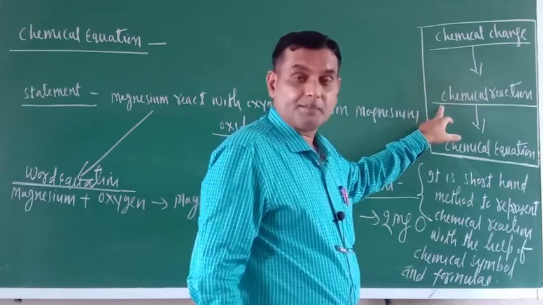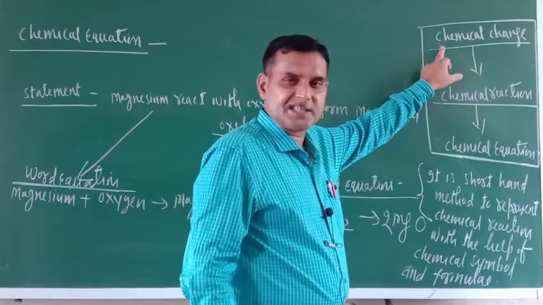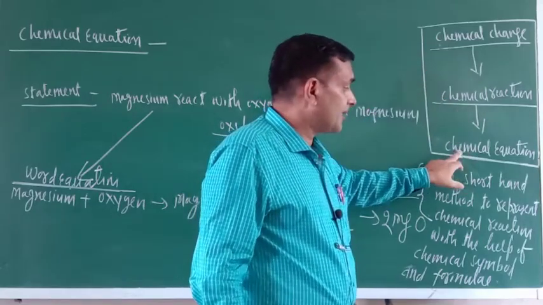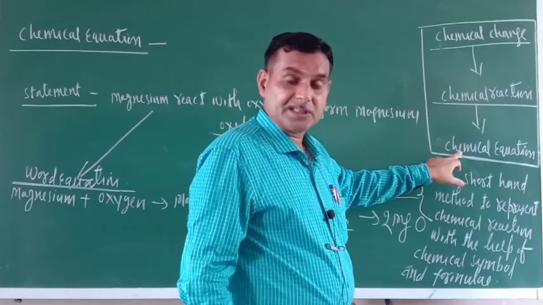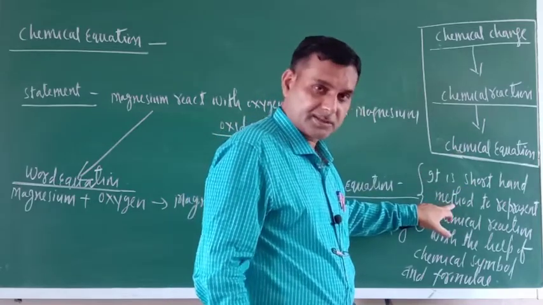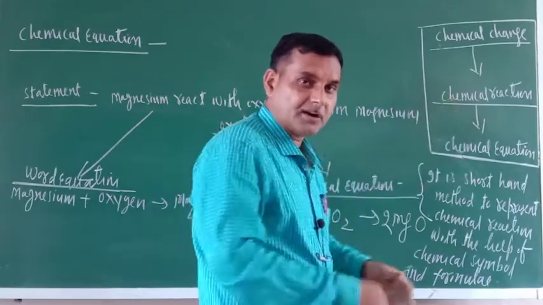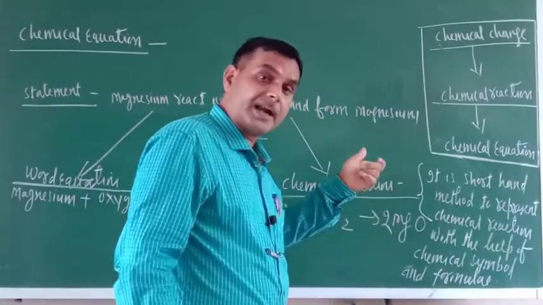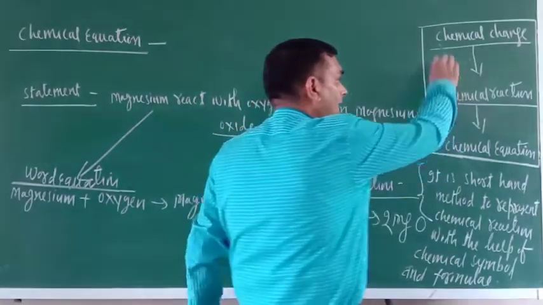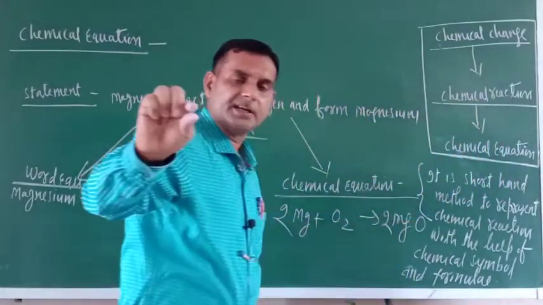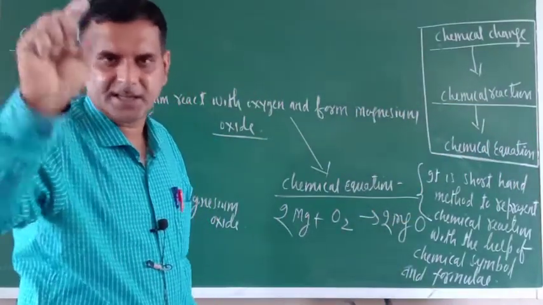Chemical reaction is the process in which chemical change is included. And chemical equation is the shorthand method to represent the chemical reaction with the help of symbols and chemical formulae. Am I correct or not?